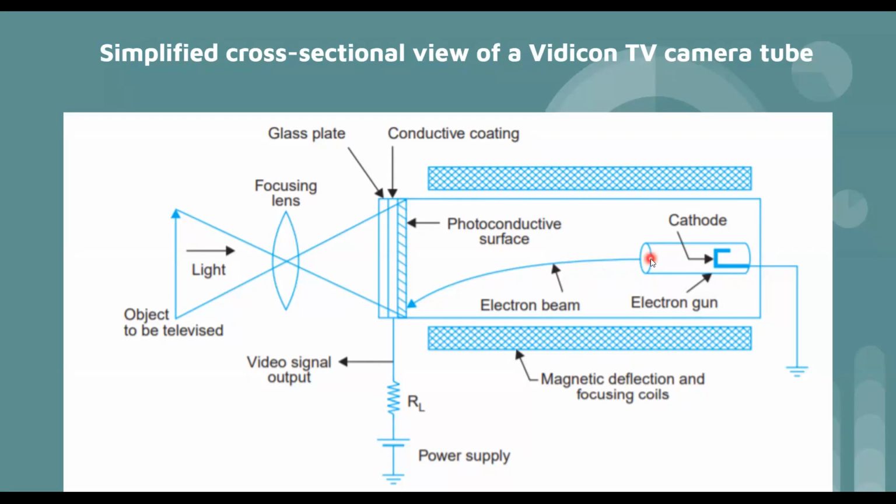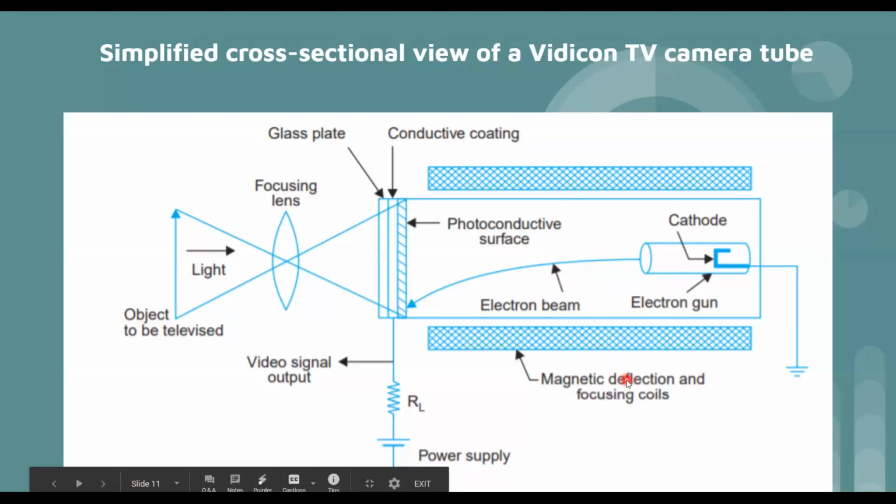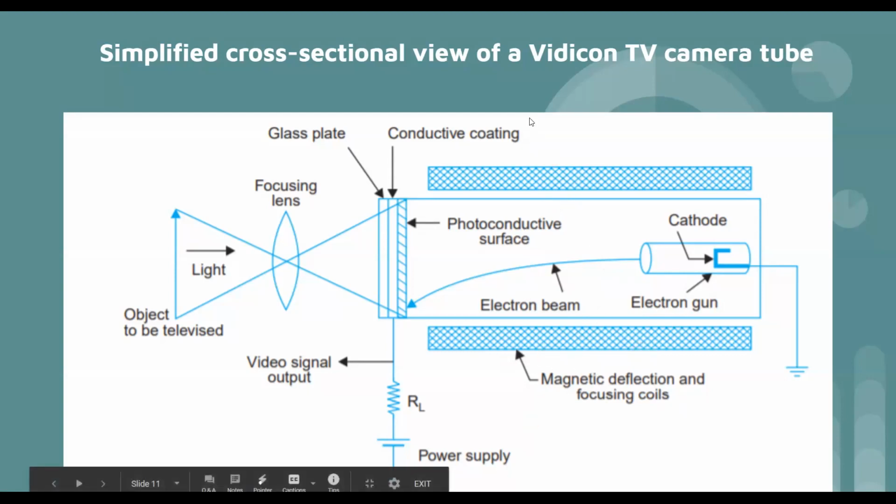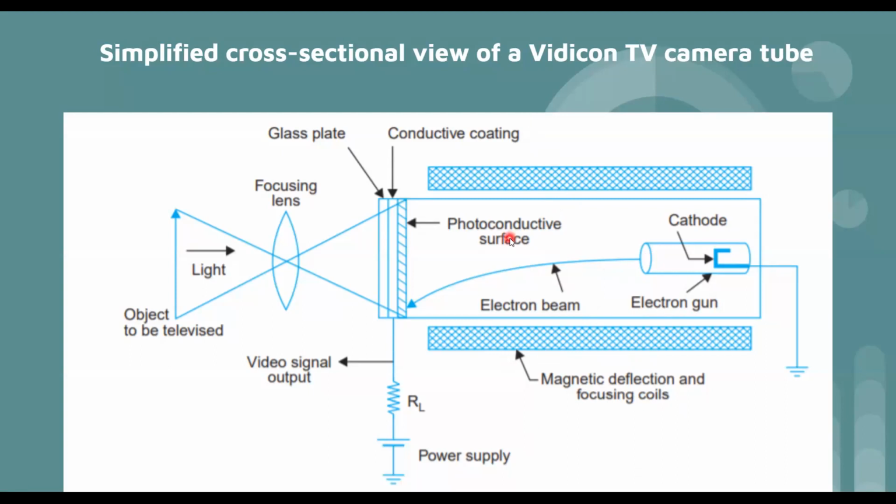On this particular TV camera, the beam is deflected by two magnetic coils. This is one magnetic deflecting coil mounted on the glass envelope, and the other is kept mutually perpendicular to it. That is to achieve the scanning rate properly.